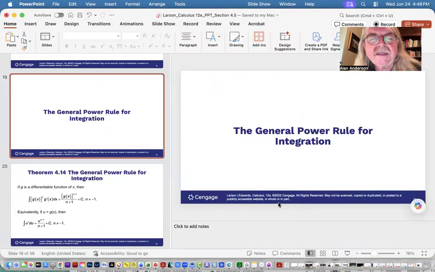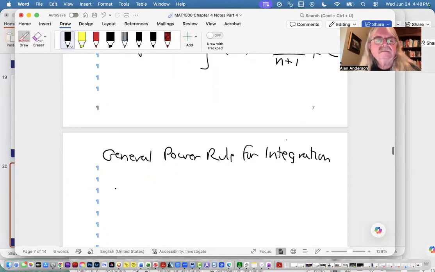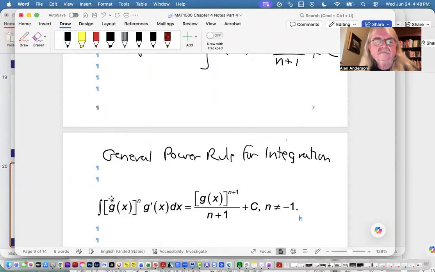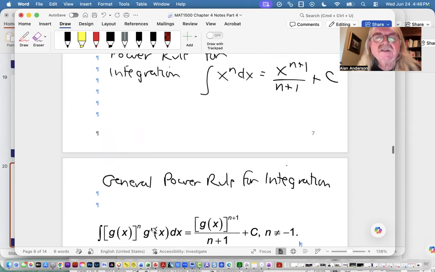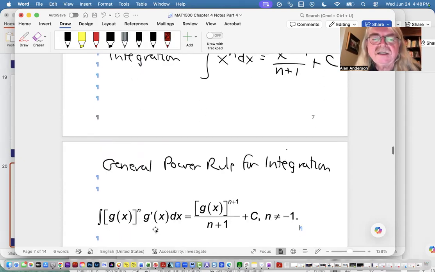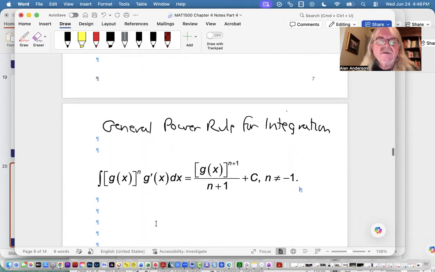And here, let's just copy what they have. You can see the difference is that up here, we simply have x to the n. Here, it's g of x to the n. And so this is the extra part. So what you're effectively doing is integrating from the chain rule. And so this is what we end up with.